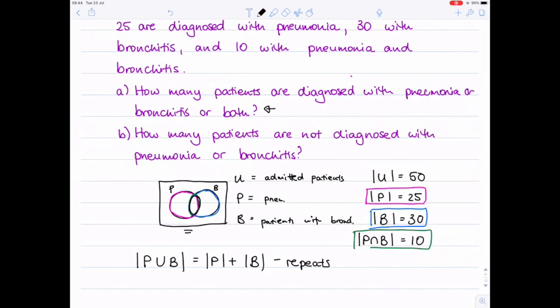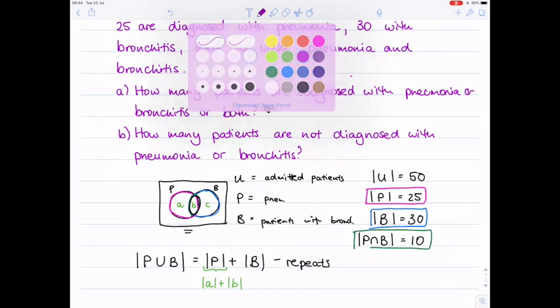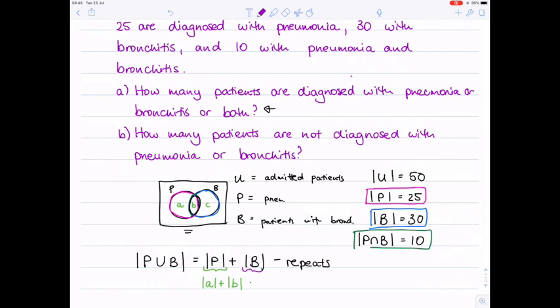It might be helpful to look at this a slightly different way. I'm going to label these three regions A, B, and C. If I'm taking the size of P, what I'm really doing is taking the size of the region A plus the size of the region B, and then when I add B, I'm adding the size of the region B plus the size of the region C, and this is where we can see that we've double counted our intersection.